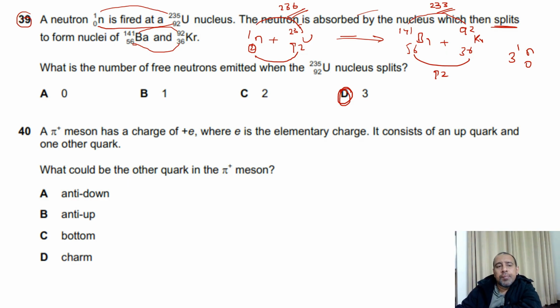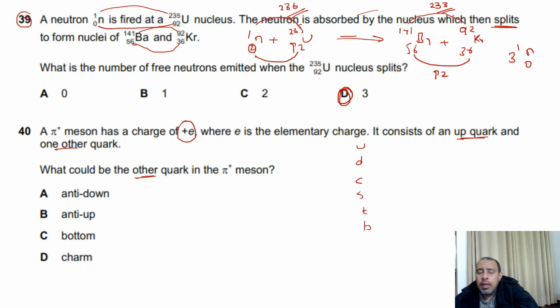Okay, in question number 40, we have a pi meson, the positive one, which has this charge. It is elementary, and consists of one up and one other quark. What could the other quark be? We must write the name of the other quark. You know that there are up, down, charm, strange, top, and bottom.